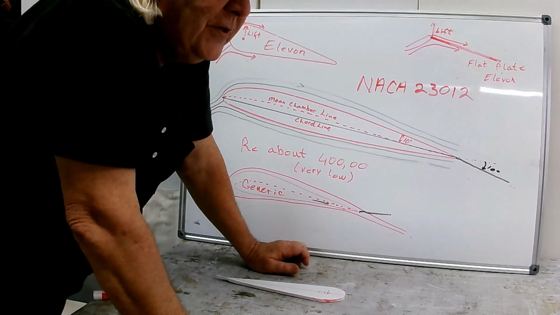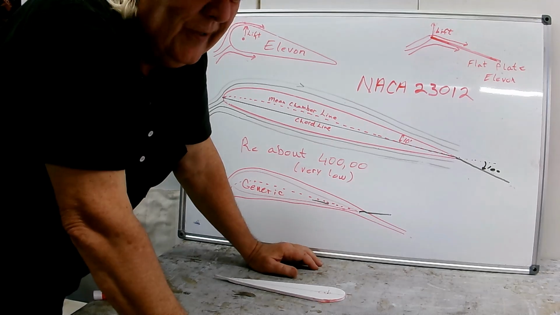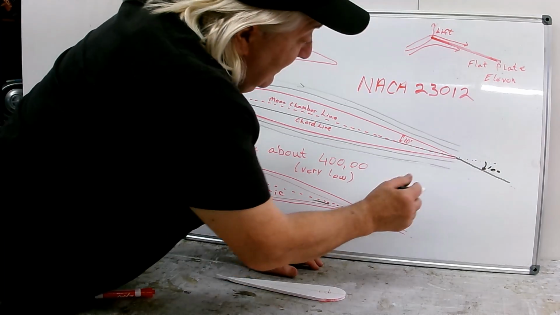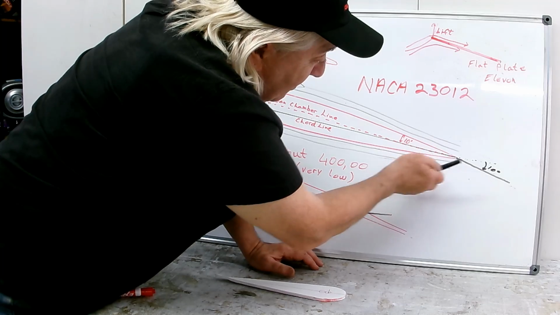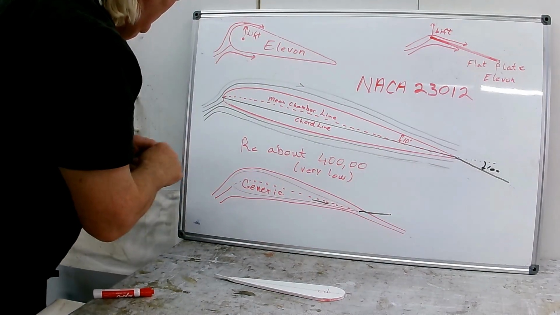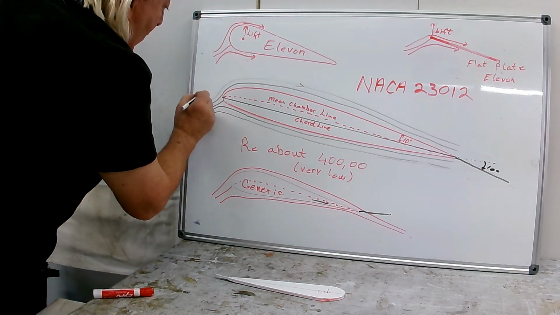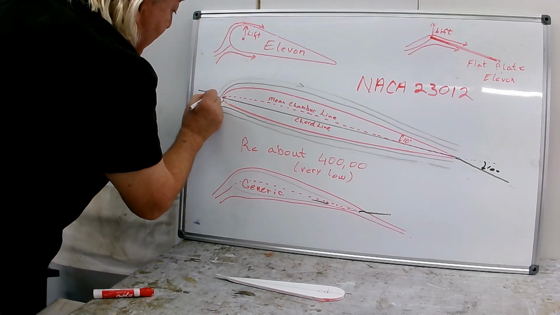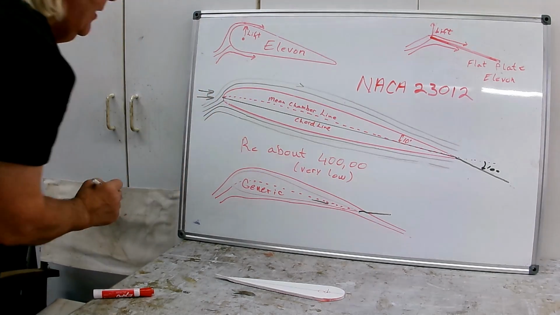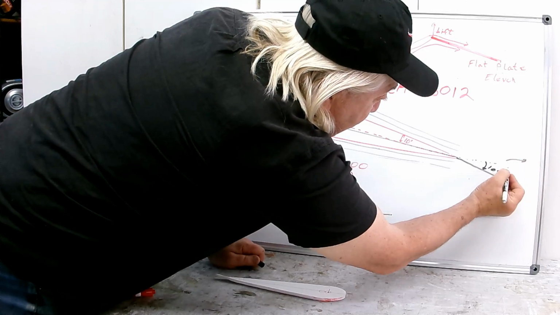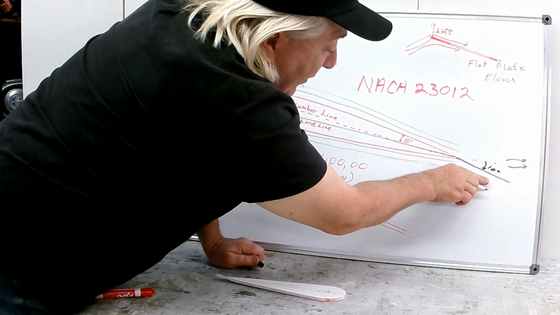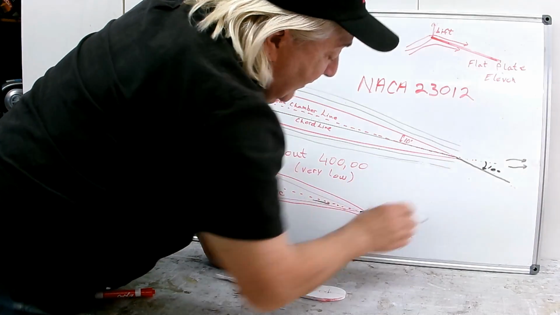And the best way for me to explain it, I have to invoke a little bit of mathematics here. When it's like this, you're lined up with a free stream. When we're just flying along, the free stream's going this way, like this. And back here, the free stream is going this way, like this. Okay? So when the elevon is up here, it's lined up with the free stream.